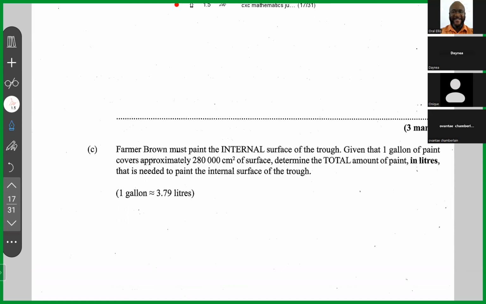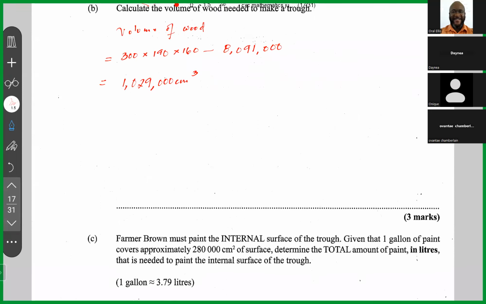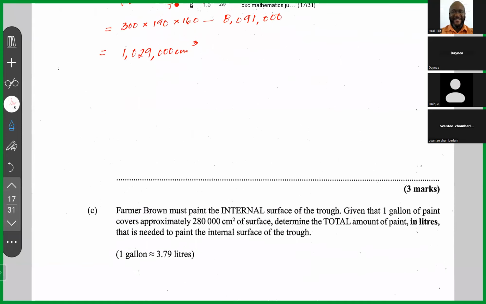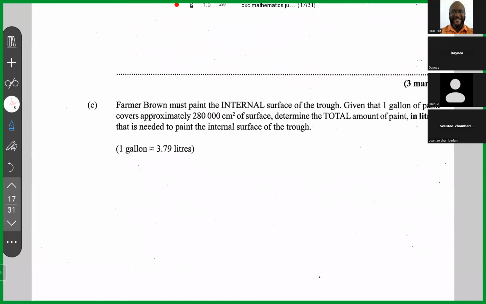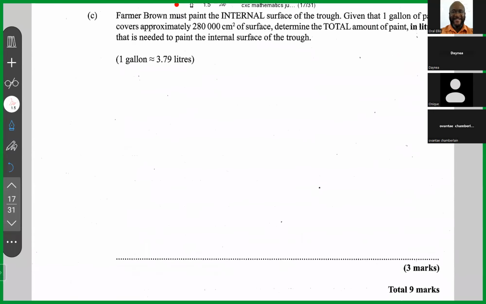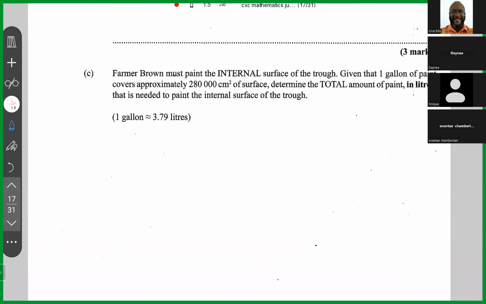We're to determine the total amount of paint in liters needed to paint the internal surface of the trough. All right, so it seems like he's sending us to do a lot of work, but it's only given 3 marks.